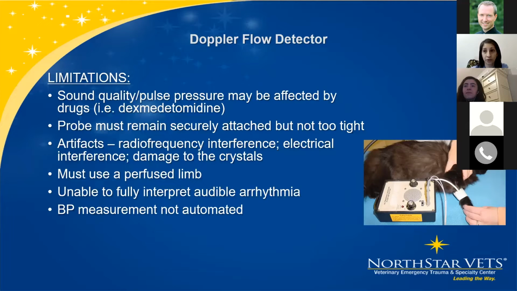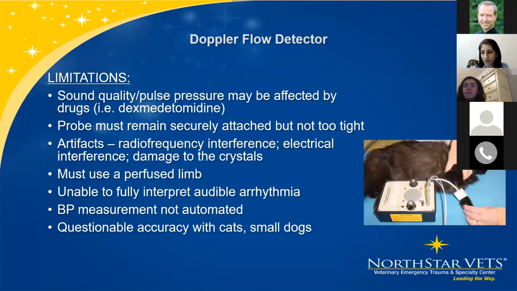So if you hear something on the Doppler, you do have to apply an ECG to really determine what's happening there. With blood pressure, it does have to be done manually. So somebody has to sit there and kind of inflate the sphygmomanometer and do it on a fairly frequent basis.